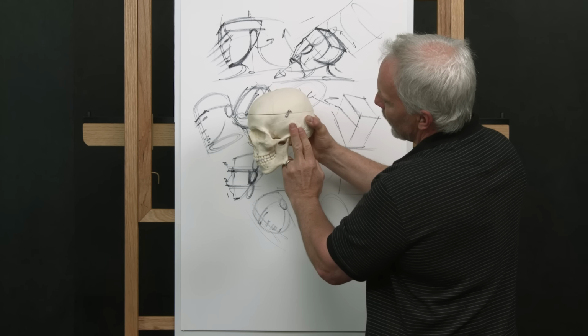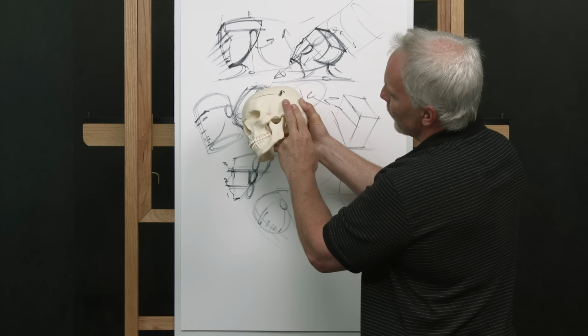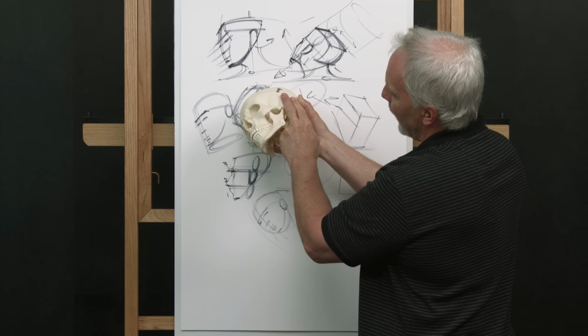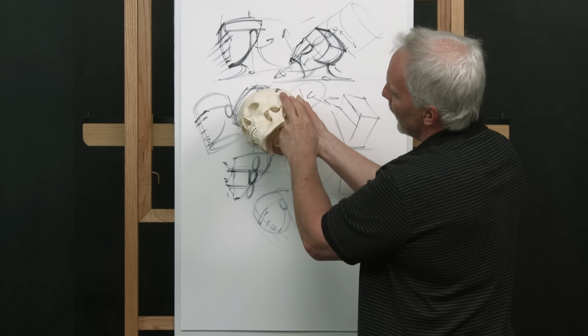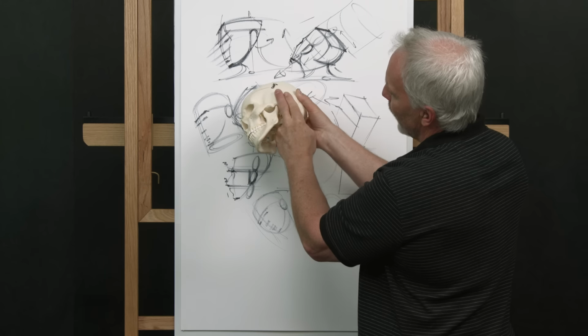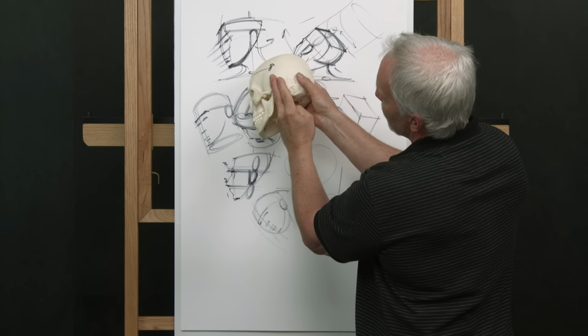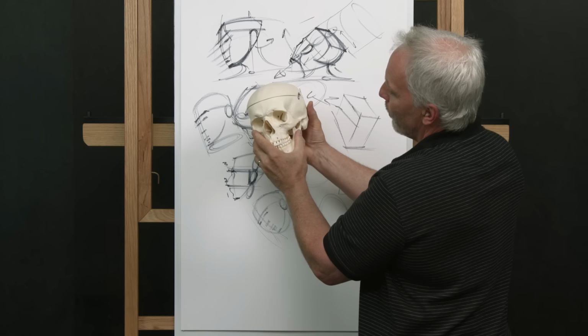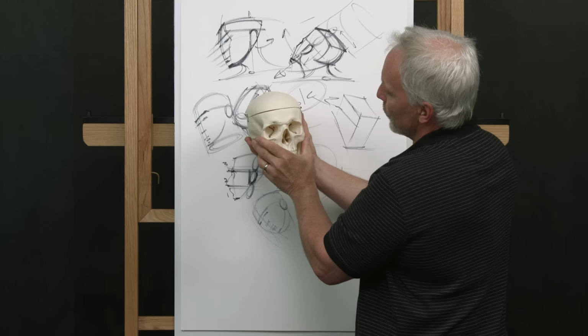And likewise, if it comes this way and the top of the ear starts to crowd the top of the head, now we know that we're getting underneath it. Again, it becomes a great landmark, especially in these positions. So anyway, that little point. Now let's move on to our master drawings and have some fun.